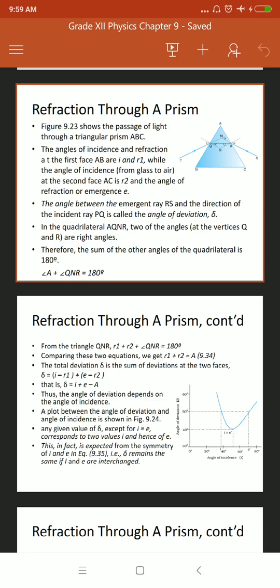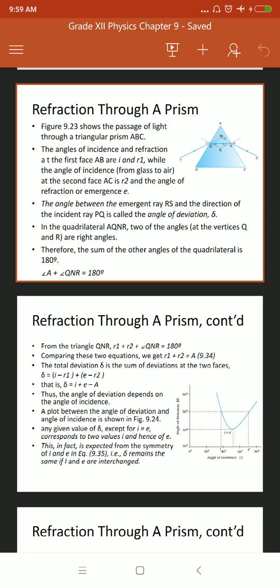Now if we want to find the deviation, that deviation is the sum of the deviations at the two different faces. The deviation at the first face AB is I minus R1, and the deviation at the second face AC is E minus R2.